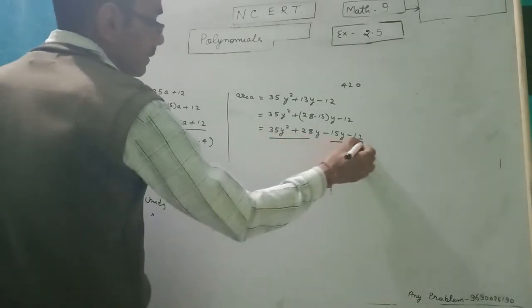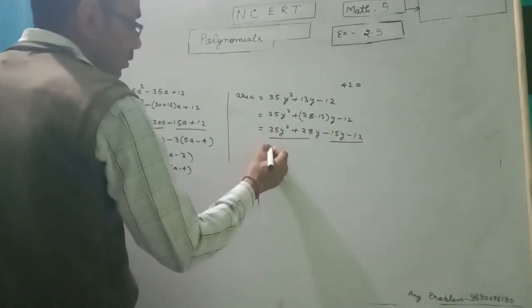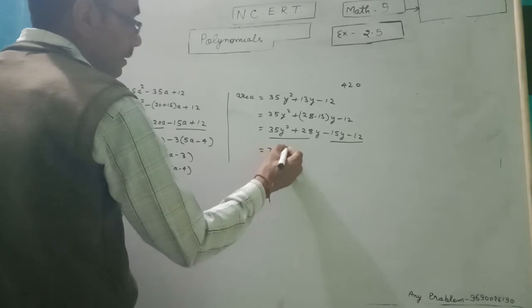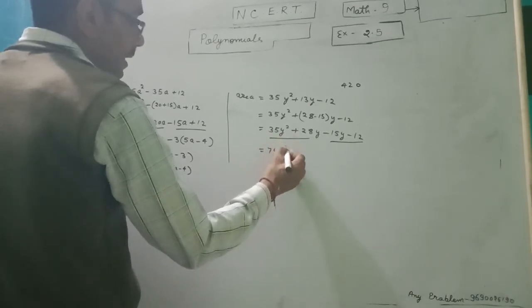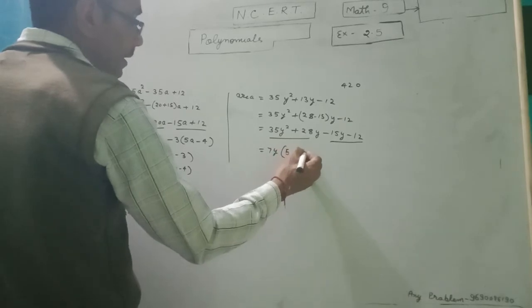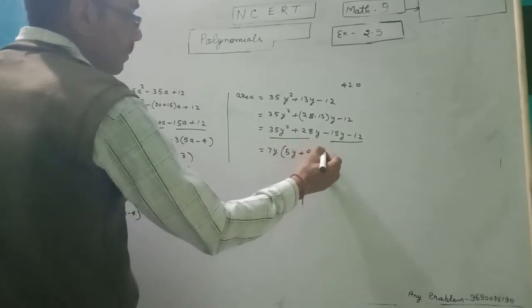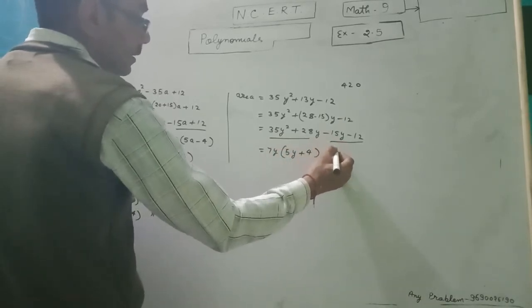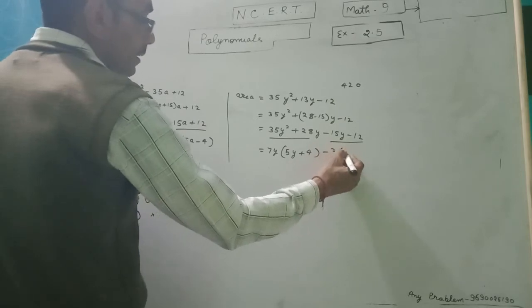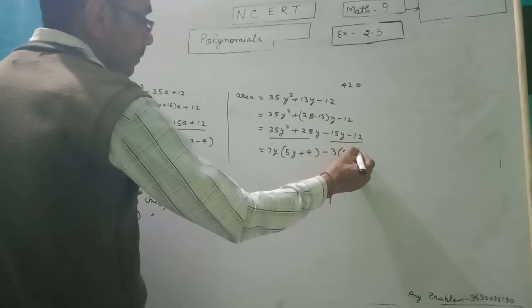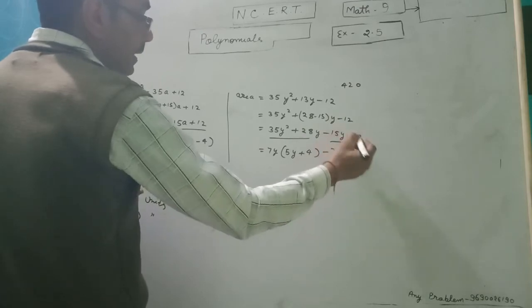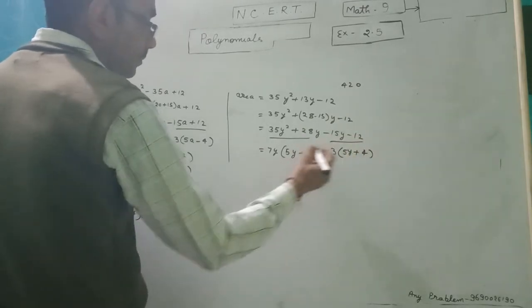Make the pair to take the common. 7y will be common from the first pair: 7y(5y + 4). After common, -3 common: -3(5y + 4), minus minus is plus 4.